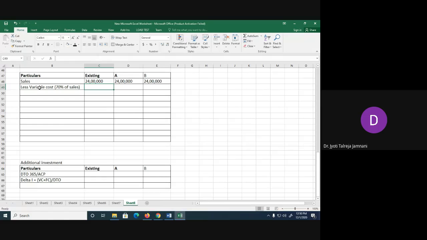So of 24 lakh, 70% is 16 lakh 80,000. Next, we get the contribution. Sales minus variable cost is the contribution, which comes to 7 lakh 20,000.